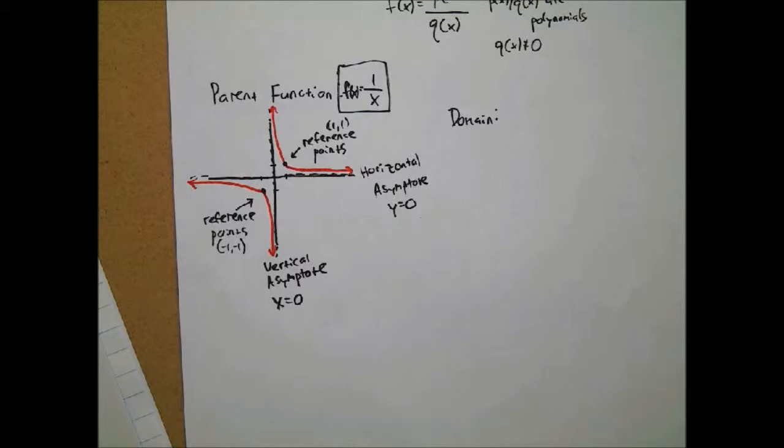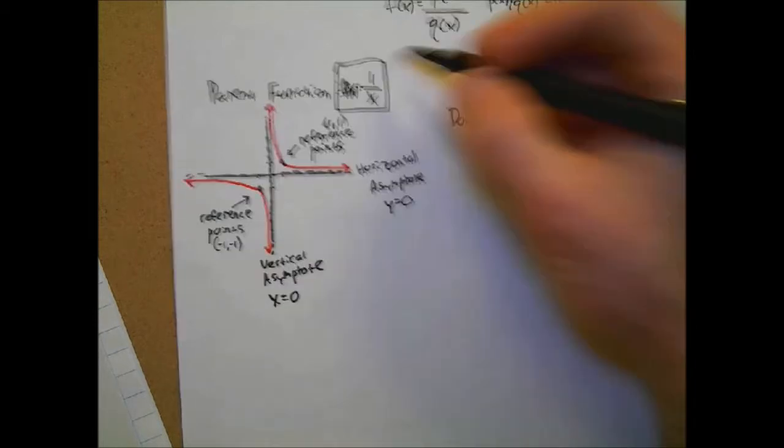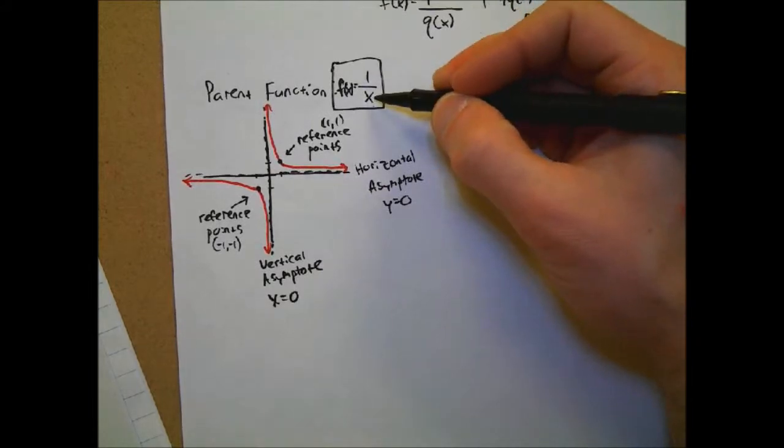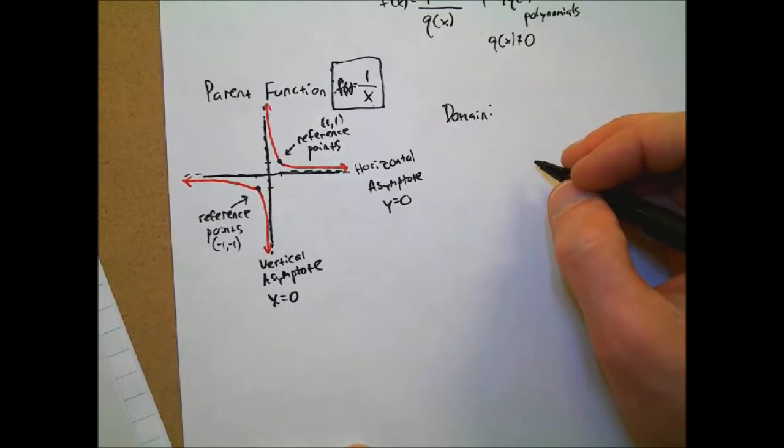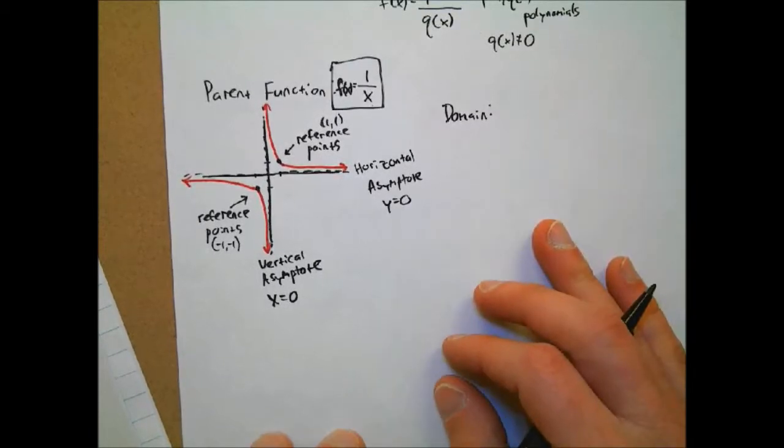Is every x value okay here? No. What x value is not okay? 0. 1's okay. We can plug 1 in, right? We can do 1 divided by 1. But if I plug in 0 for x, 1 over 0 is going to be undefined. So I have to describe my domain in such a way that I exclude 0 and only 0.